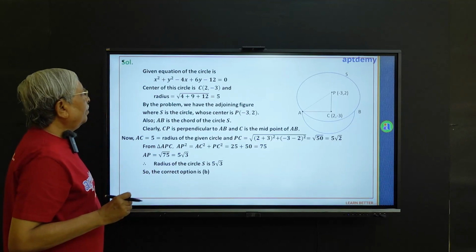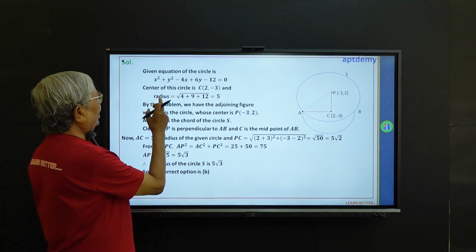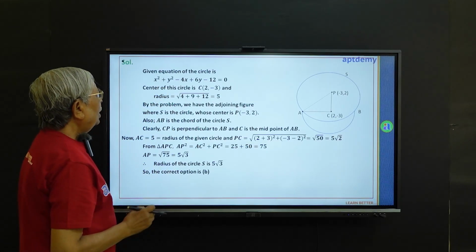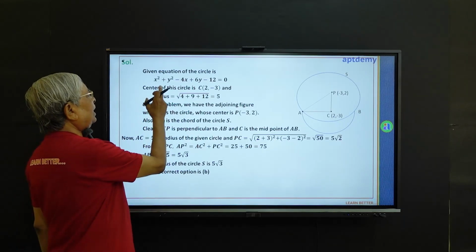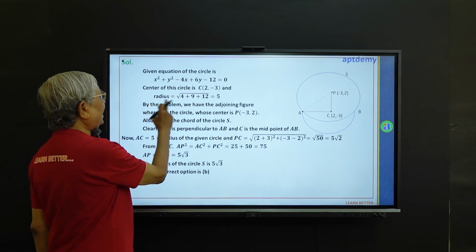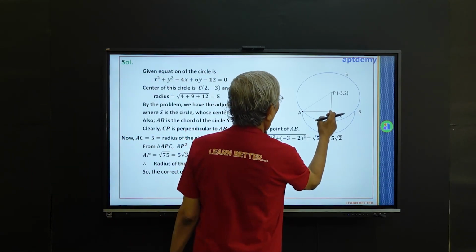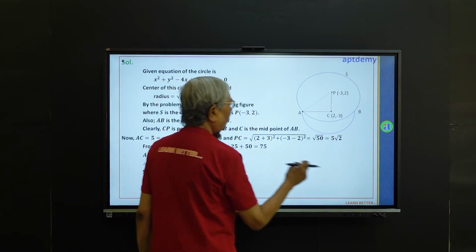In our diagram, the equation of the circle is x squared plus y squared minus 4x plus 6y minus 12 equal to 0. Just now, we have discussed how to find the center. So the center is 2, minus 3 and the radius is 5. So this is given as 2, minus 3, and the radius of this circle is 5.